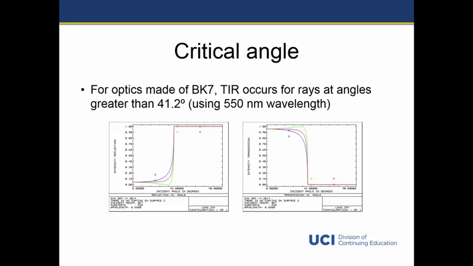What this says is as light goes from the BK7 to air, as long as the angle at the interface is less than 41.2 degrees, the light will transmit out. Once it gets beyond that angle, no energy transmits. All of the energy gets reflected back inside the higher index material.